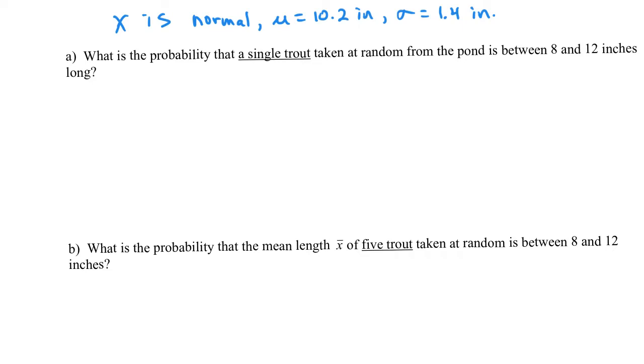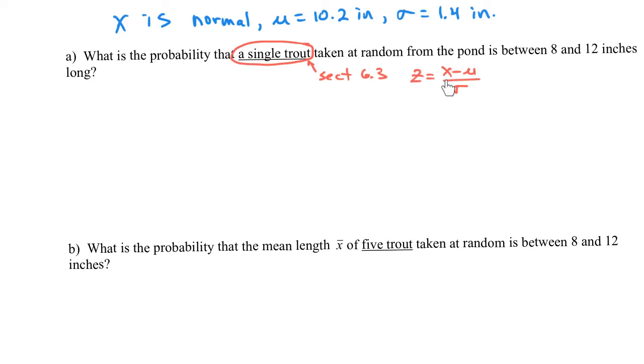So this is a really good example to see the difference between a single trout and more than one trout. What is the probability that a single trout taken at random from the pond is between 8 and 12 inches? Well, the key here is it's a single trout. This means we are just using section 6.3 material.